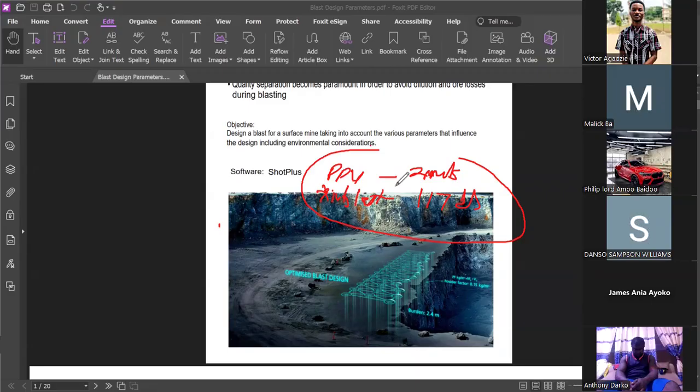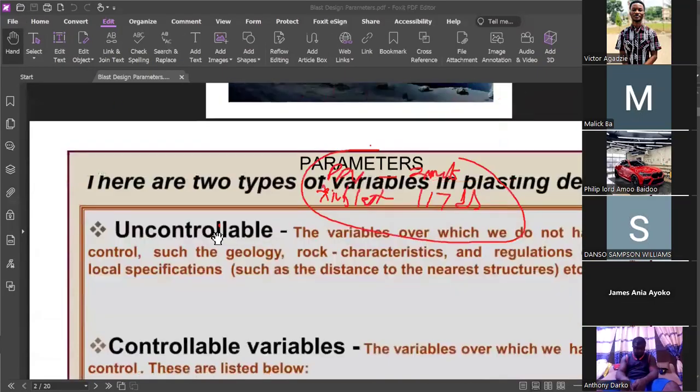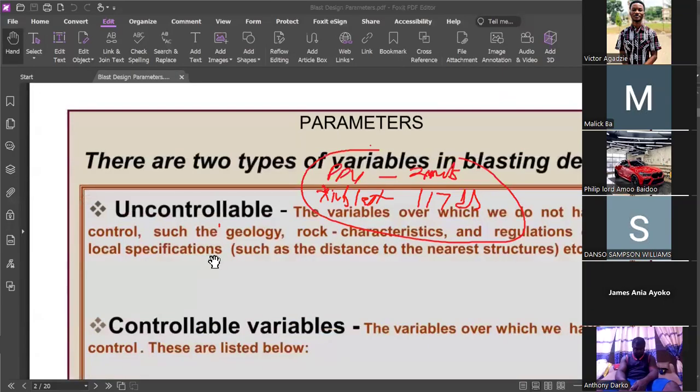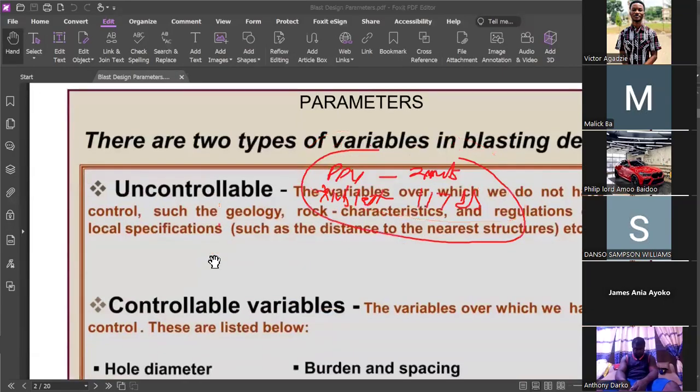So the remaining parameters are here, the blasting parameters. For the blasting parameters, there are two major types.